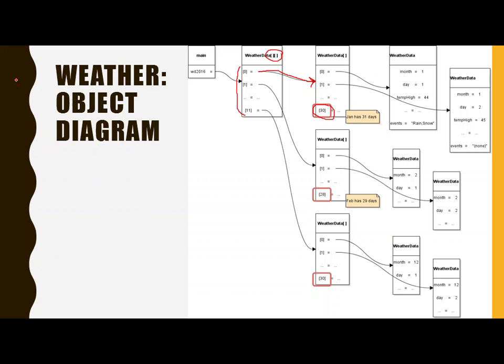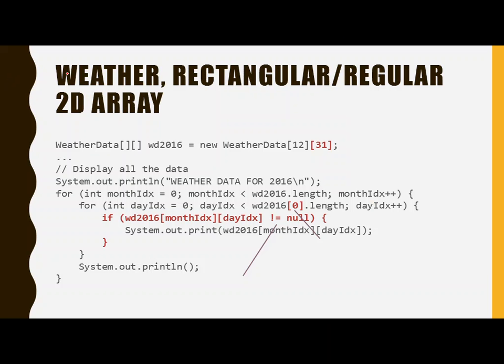So let's take a little peek at the code that we used before. Now this is for a rectangular or regular 2D array, right? So notice when we did this before, we declared 12 and 31, right? So we said, hey, every month has 31 days. Well, we know that every month doesn't have 31 days, so maybe we go through in this code and we set all the ones, well, actually we know they're already done by Java.